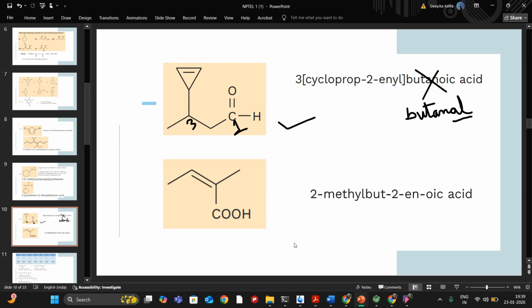Once you recognize the main functional group, you have to place the substituents in alphabetical order one by one, using the least number that can be assigned to each. I hope these names were also clear to you. After this, we are going to move to some examples which have multiple functional groups.